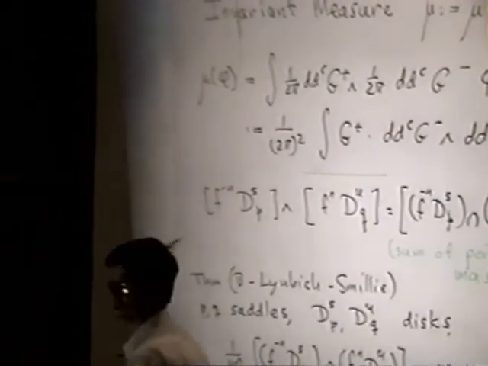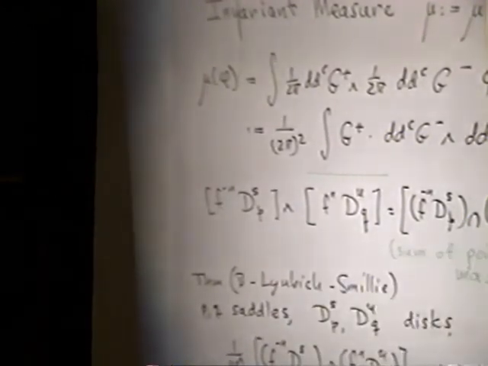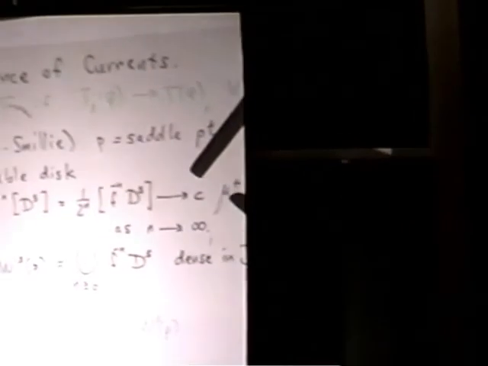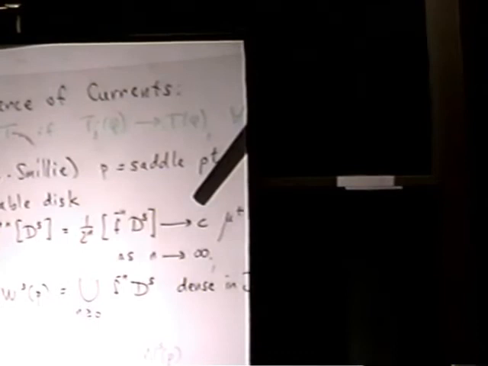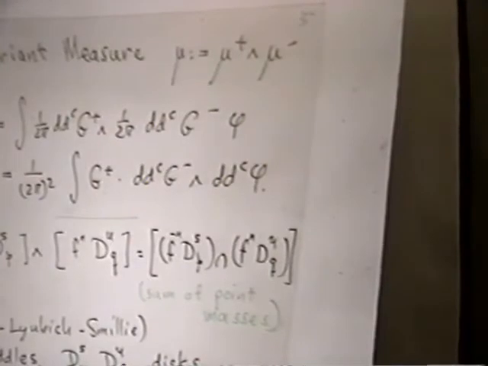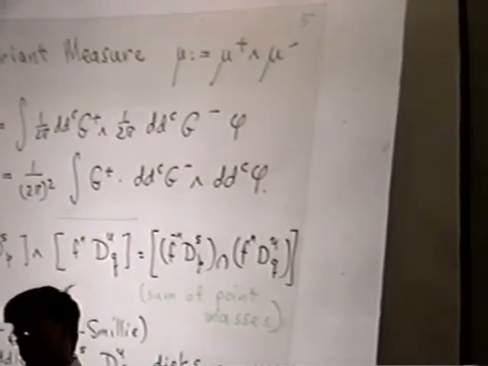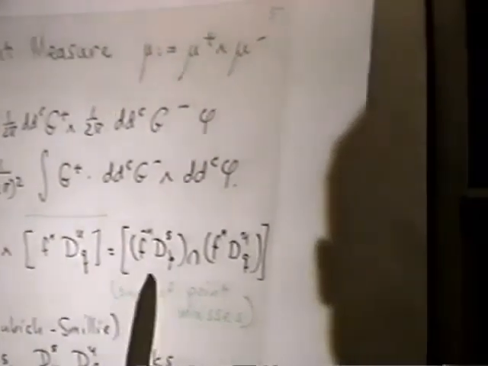Now, just for the purpose of comparison, in the previous thing we said that these currents converge to mu plus. Now, how would you wedge these things? Well, if you take currents of integration and wedge them with each other, you get the current of integration over the intersection. So it's an intersection product. And here you get a discrete intersection.